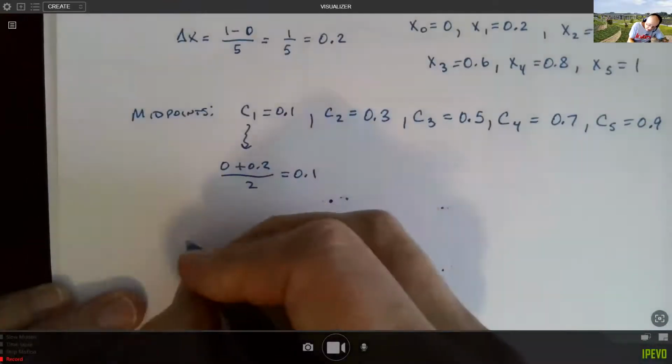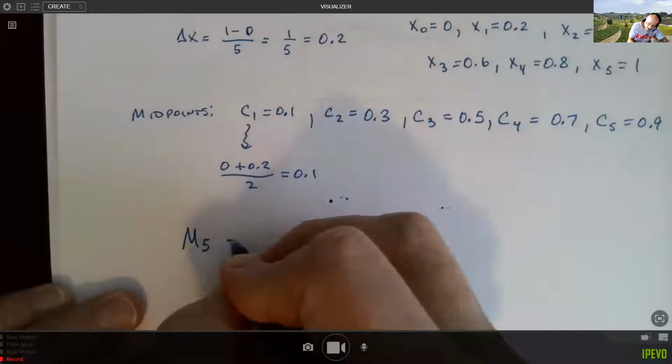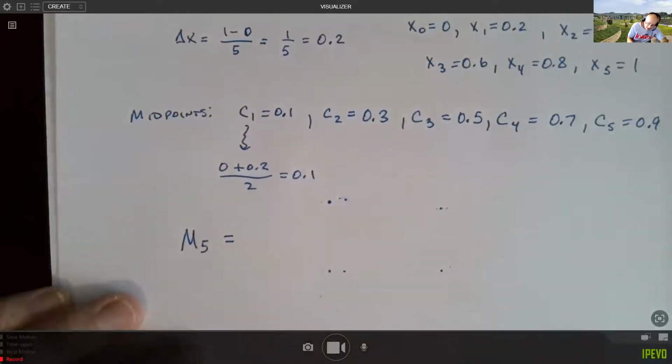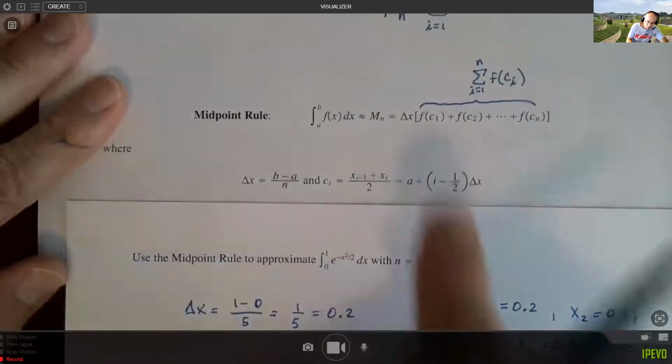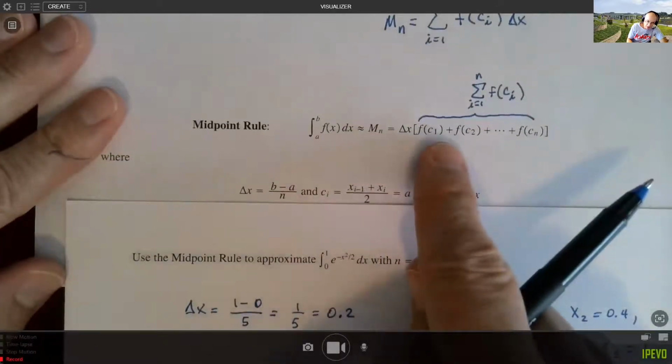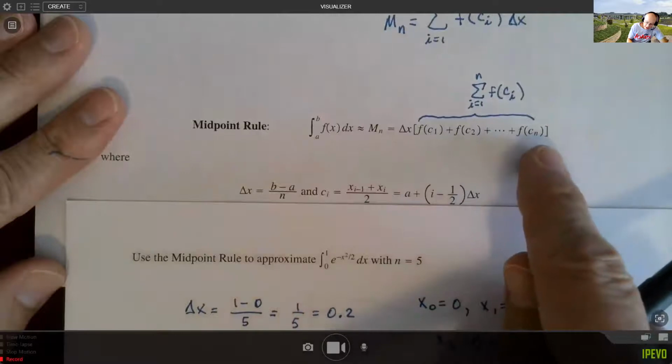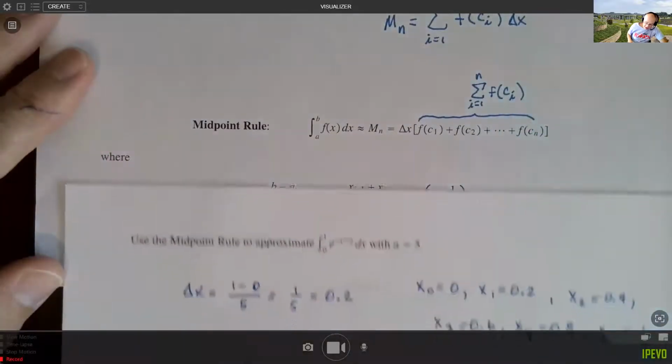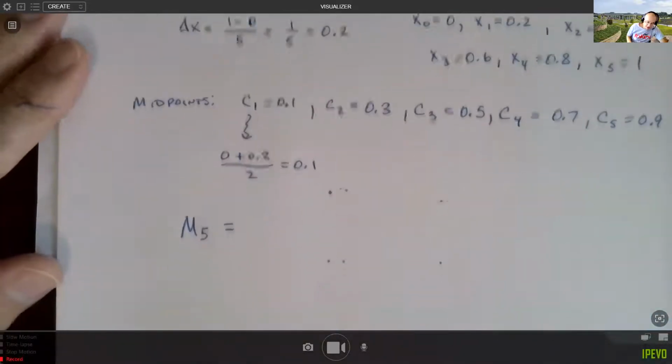And therefore, I can find the M sub 5, the midpoint rule with n equal to 5. If you remember that, it's the delta x times f of C1, f of C2, all added together to f of C5 in this case. So I'm not going to use any summation notation here.